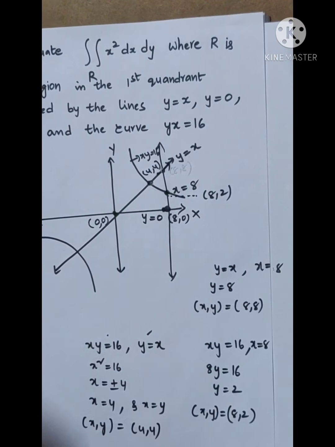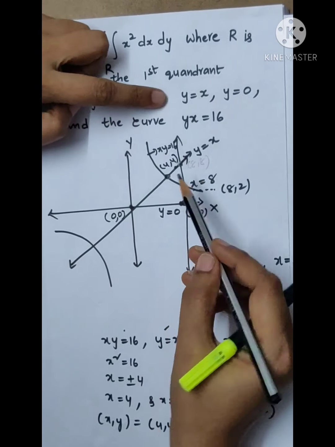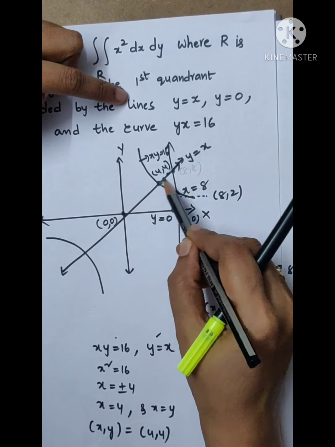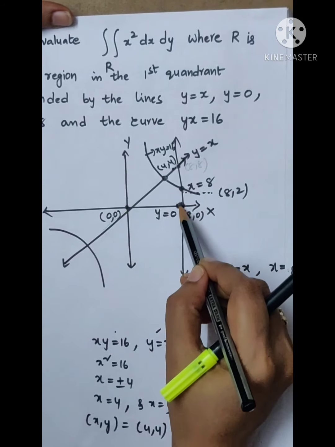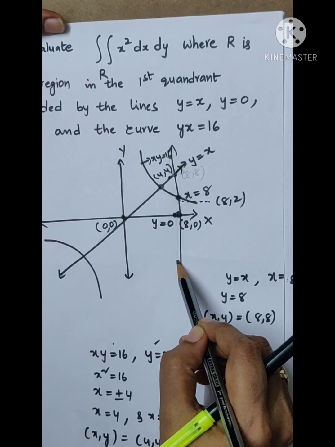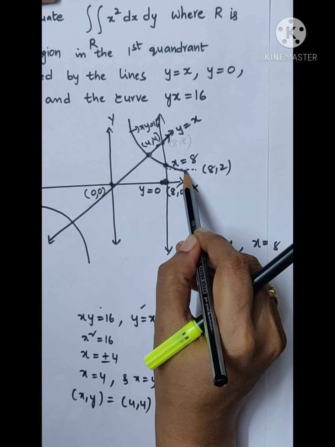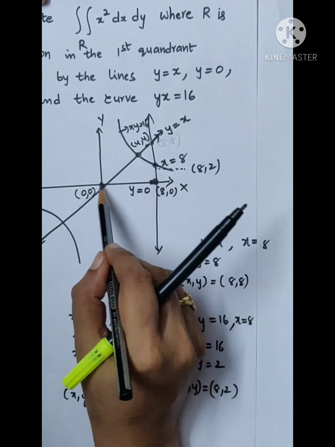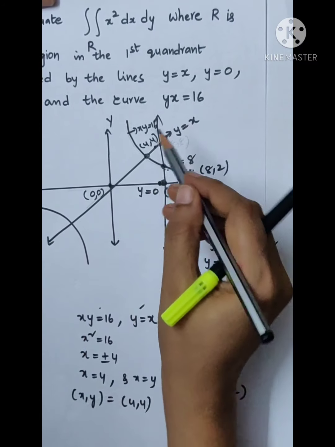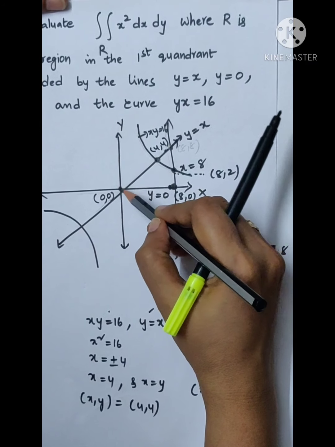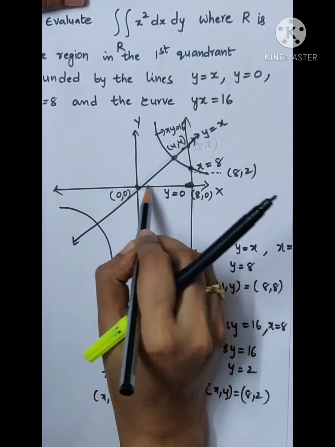Now identify the region of integration. The region of integration is bounded by the lines y equal to x, x equal to 8, the curve xy equal to 16, and the x-axis, meaning y equal to 0.